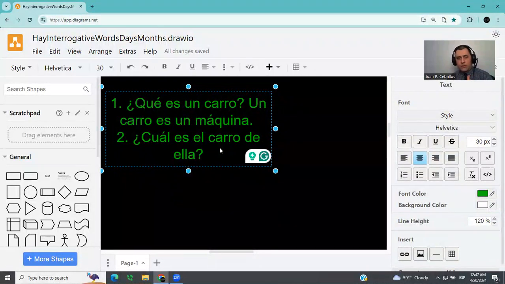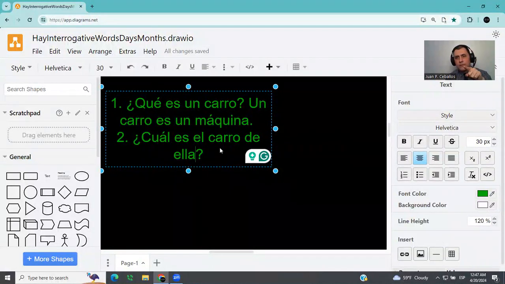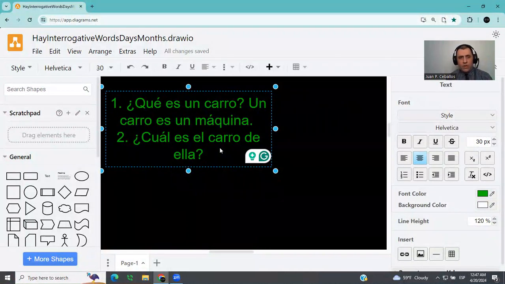Which one is her car? When you combine cuál plus the verb to be, ser, you are asking for options. You have several options, one or two, or several of them, and from all of those, you are asking for one of those options. So that's the difference between qué plus ser and cuál plus ser. Qué plus ser is asking for definition, cuál plus ser is asking for options.